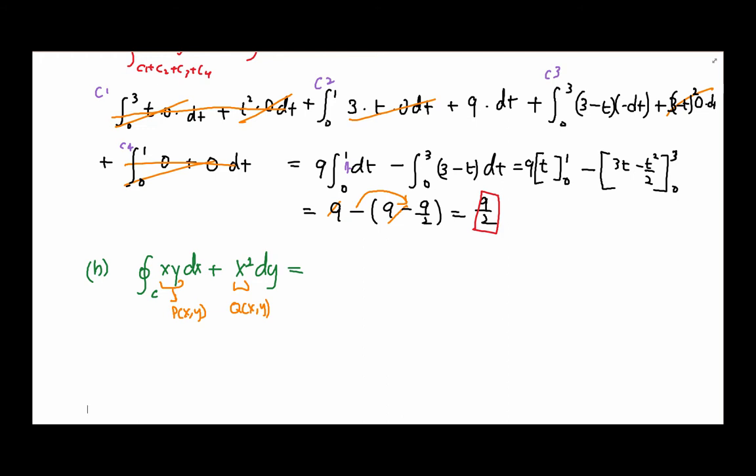So the formula goes, when you have P(x,y) dx and then Q(x,y) dy, you are supposed to use this formula. Remember that this funny looking d is a partial derivative. It's not the regular derivative used in calculus 1 and 2.